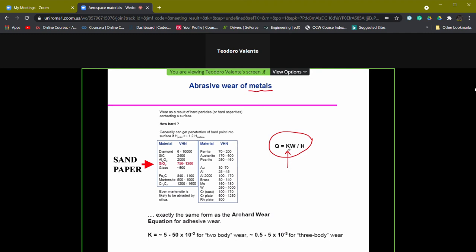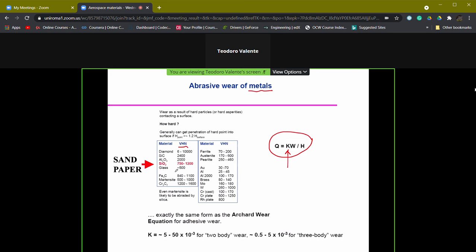Here, obviously, the value of K is different because the phenomenon behind the damage is different. Here you have listed, just to have an idea, the hardness values, VHN, the Vickers hardness number, of some materials.